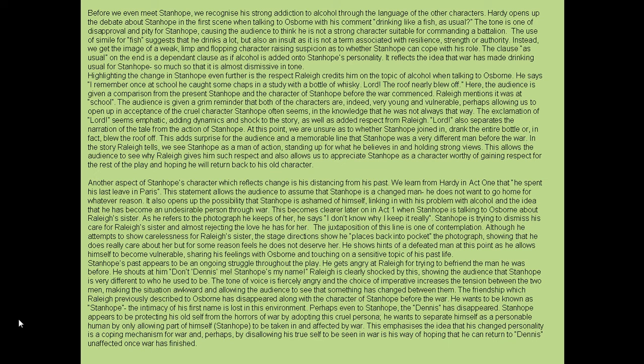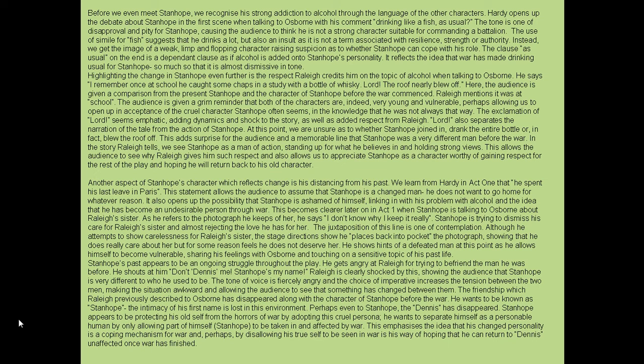The exclamation of "Lord" seems emphatic, adding dynamics and shock to the story as well as respect from Raleigh. "Lord" also separates the narration of the tale from the action of Stanhope. At this point, we are unsure whether Stanhope joined in, drank the bottle, or, in fact, blew the roof off.